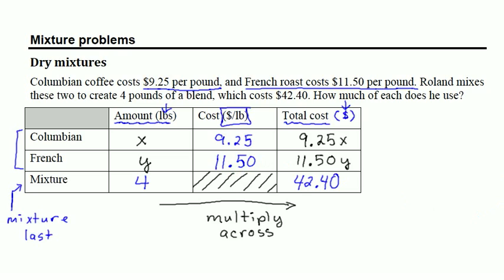Now we're ready to set up our equations. And to set up our equations, we always take the first column, amount, and get one equation from that. The total pounds of Colombian plus the total number of pounds of French should give us the total number of pounds of the mixture. So x plus y equals 4.